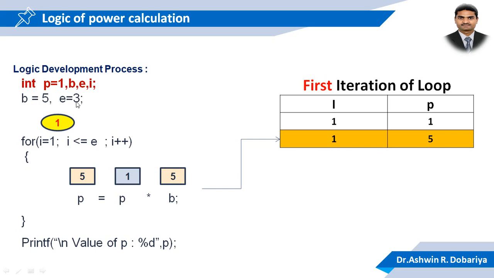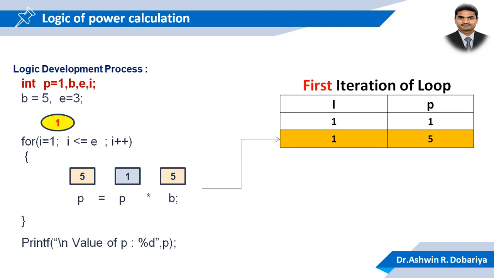In the actual program, we will take input from the users. So two variables for input, one for looping, a counter variable I, and for power calculation the variable P. So overall we require 4 variables. The values of B and E we will take from the user.